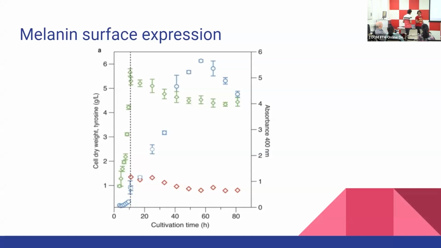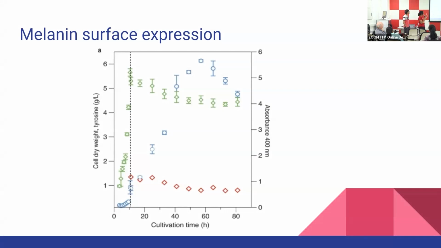Yeah, so this graph basically shows the results of what we've been doing so far. The green squares here represent the biomass, the blue represent melanin production, and the red diamonds are showing the tyrosinase production on the cell surface. One of our main goals for the production on the cell surface was that it would reduce cytotoxicity of the cell, and we can see that here.